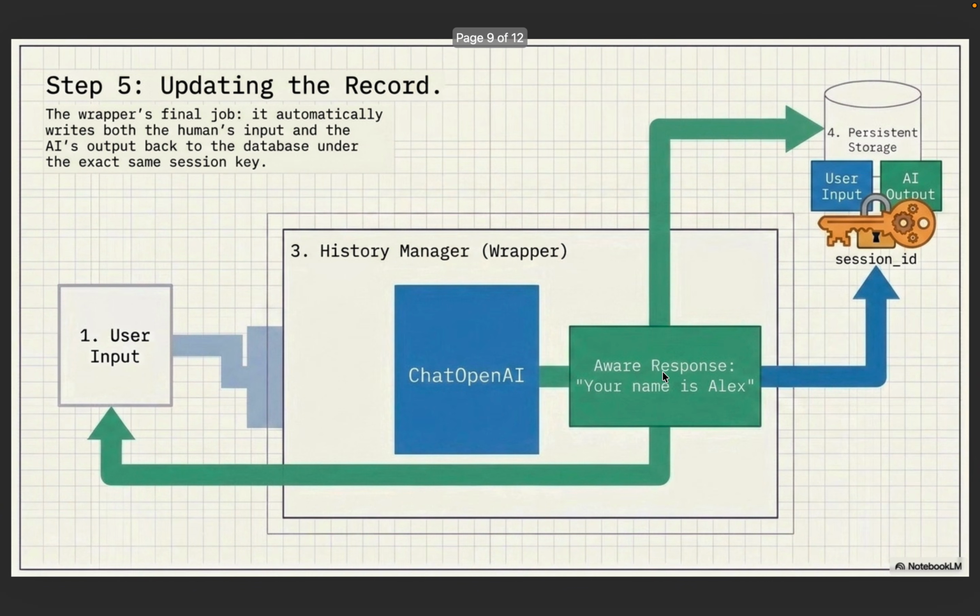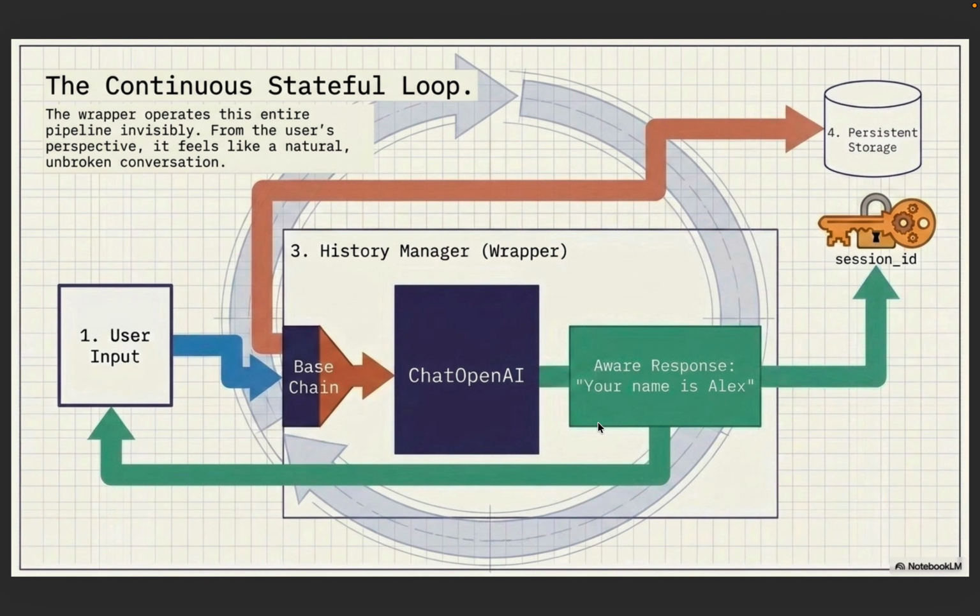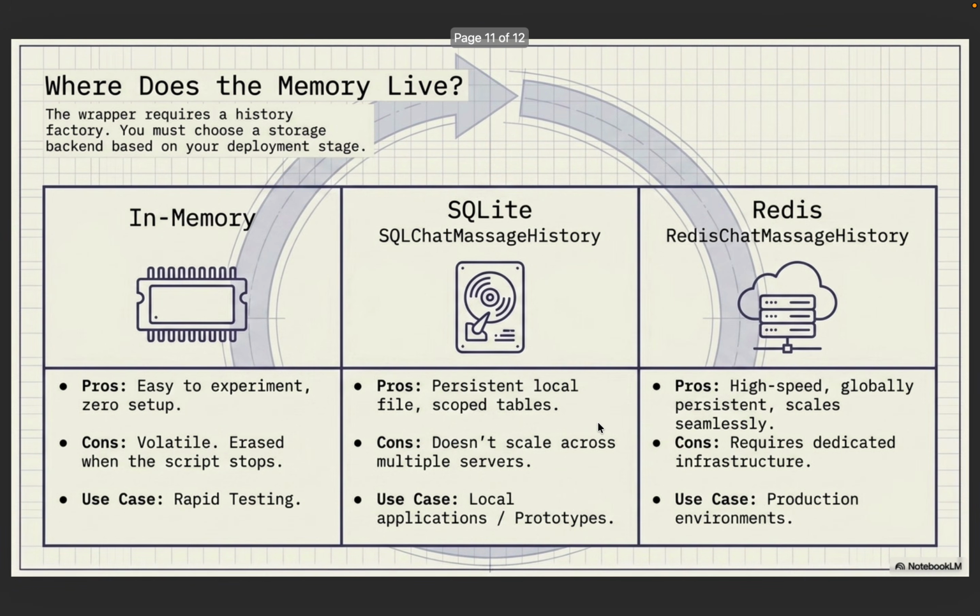Once that is done, we have to update our storage. For example, here it says your name is Alex. After that, LangChain updates back to the persistent storage. Both the request and the response are updated, and only then can they be used for the next conversation. This happens in a continuous loop.